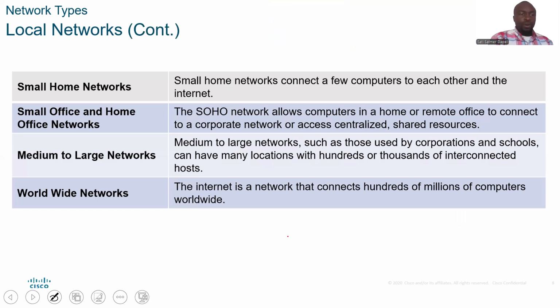Generally, we have what we call small home networks, and small home networks connect a few computers to each other and to the internet. You have maybe 2 computers, 3 computers, 4 computers in your home, and then you are able to browse the internet. That's like a small home network. Then you have the small office and home office network. The small office, home office network allows computers in the home or a remote office to communicate with a corporate network to access centralized shared resources.